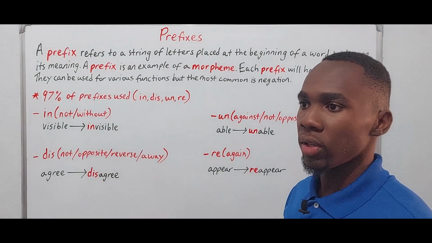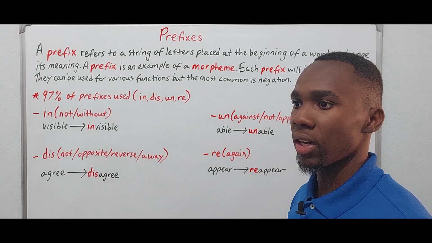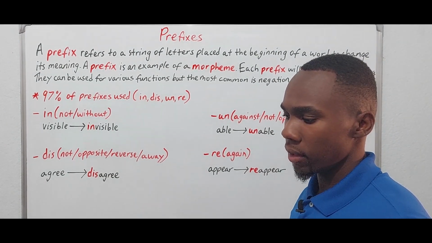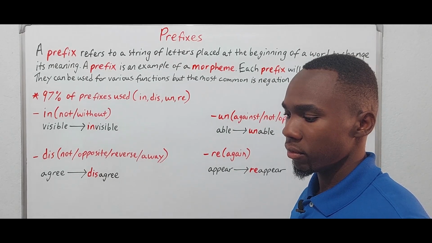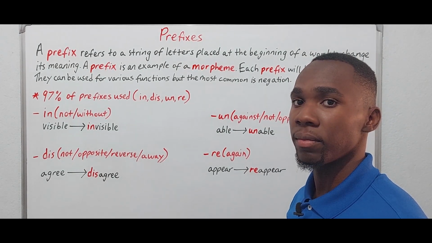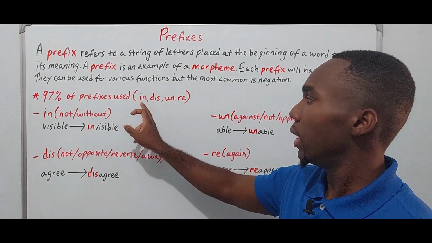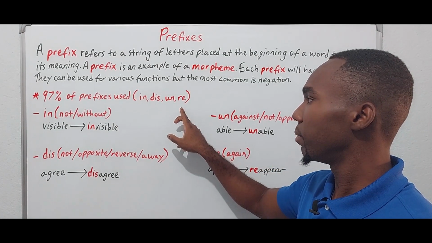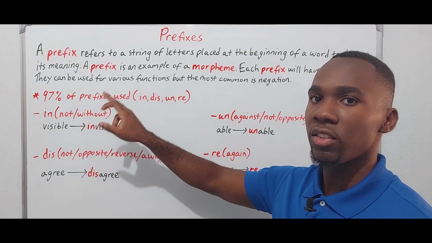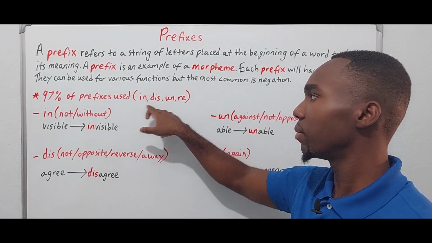But remember, I told you that there are many prefixes in English, and each will have its own function. But there are 4 prefixes that are the most common: in, this, and re. 97% of prefixes used are going to be these.